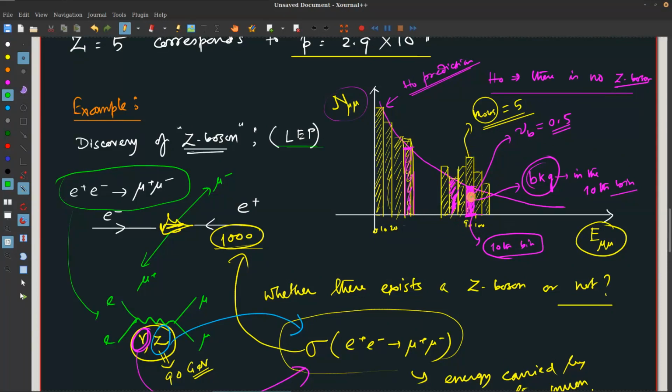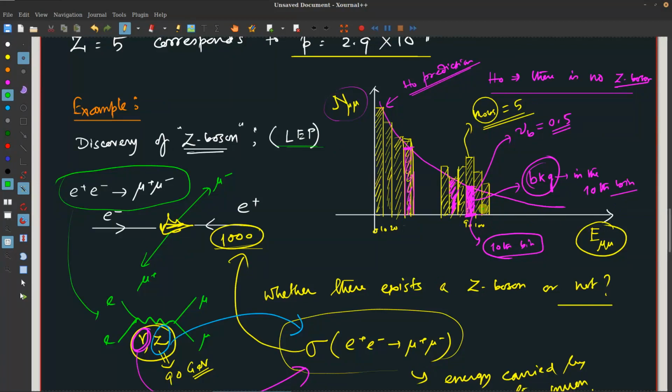Okay, as the data increases, if you multiply both these things by a factor of 100, then this significance is going to increase. So if you use more luminosity, more energy, if you acquire more statistics, then this peak will become more pronounced.